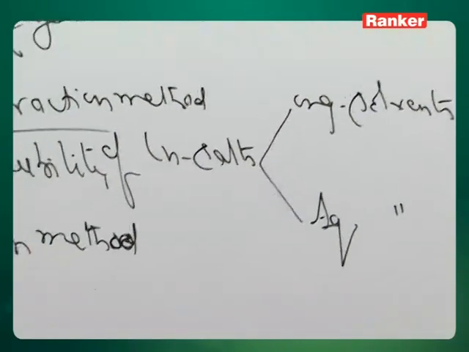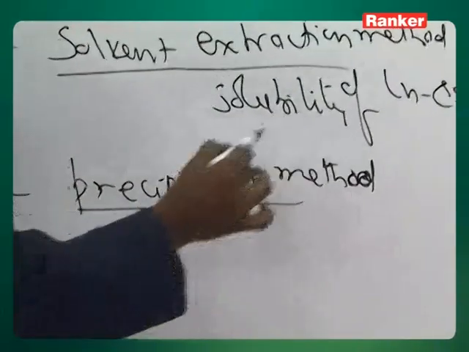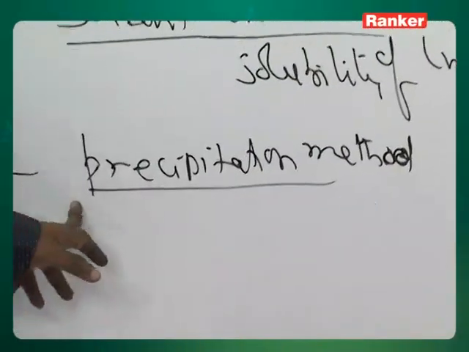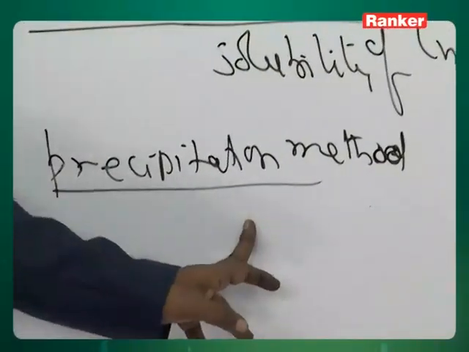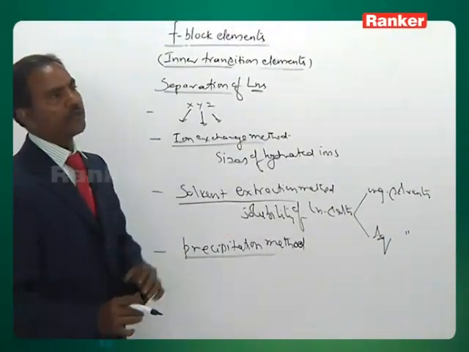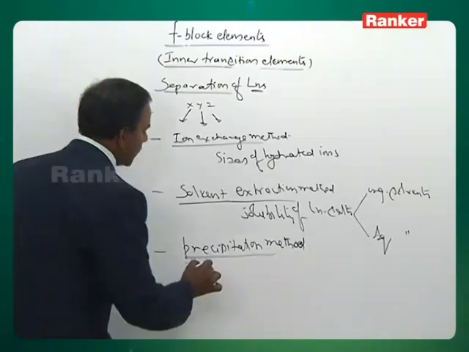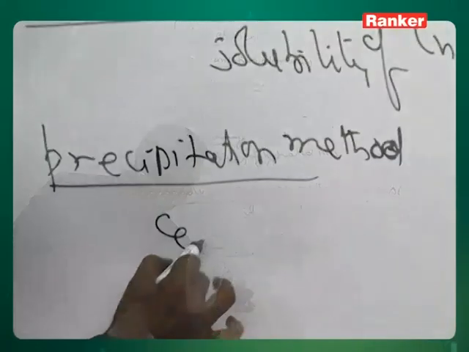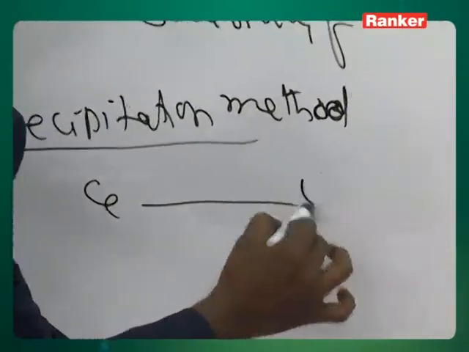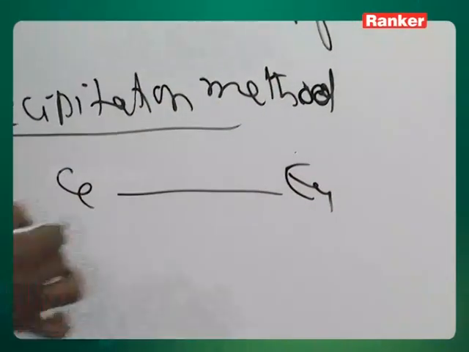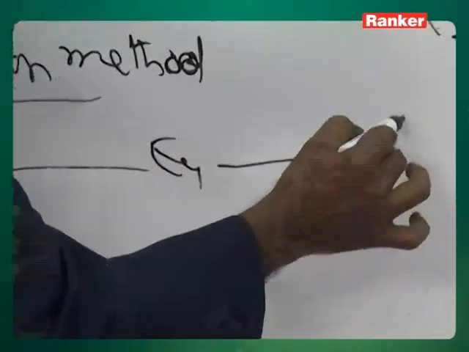Next, coming to the precipitation method. This is based on the basicity of lanthanides and the rate of precipitation. Consider cerium to europium, and europium to lutetium, the last element.